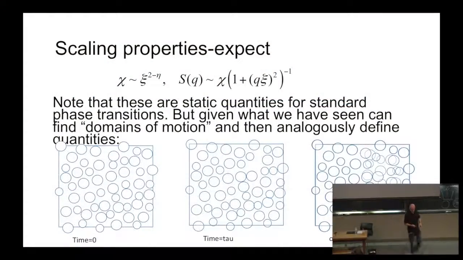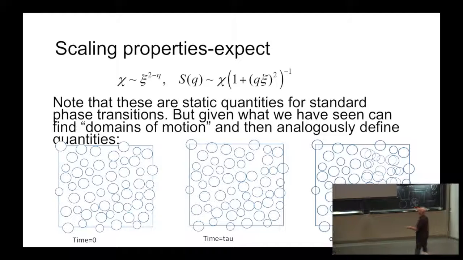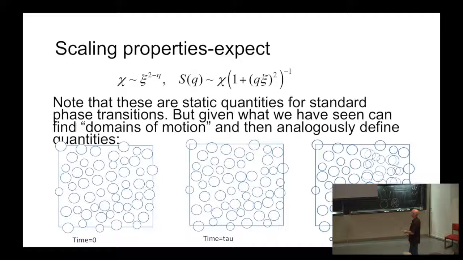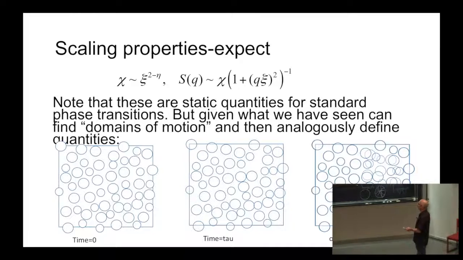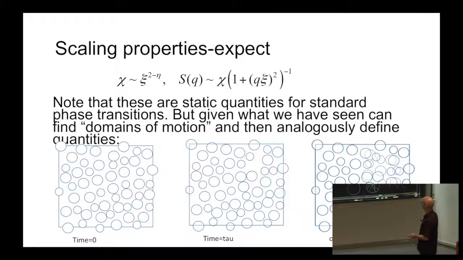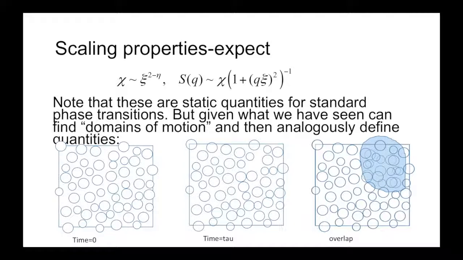Let's say, just like in the movie that I showed, you freeze your confocal microscopy image or your simulation at time 0, and you note where all the particles are, and then you let the trajectory run to some time tau, and you look, and by eye it's not clear how much has changed, but if you take these two configurations and overlap them, then there's going to be clear regions where particles have moved, let's say in the upper right corner here. Okay? So what you can do is you can define an overlap, let's say, which is how far a particle has moved in an interval t.